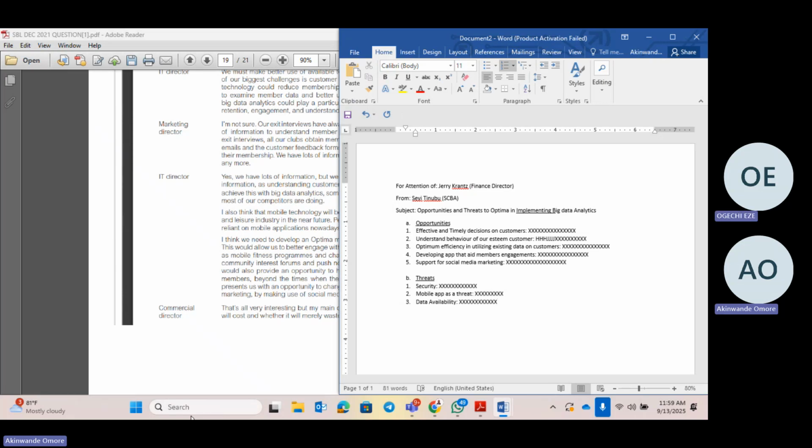Also, the cost of constant update: cost of building the app, and support for the app through regular updates.